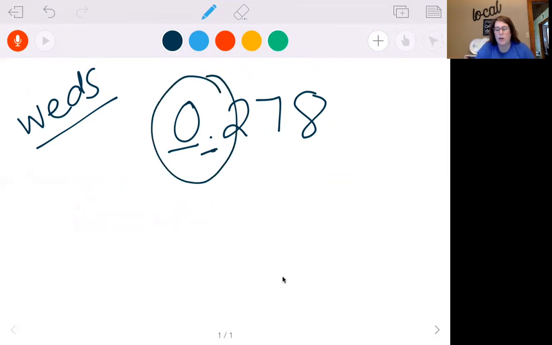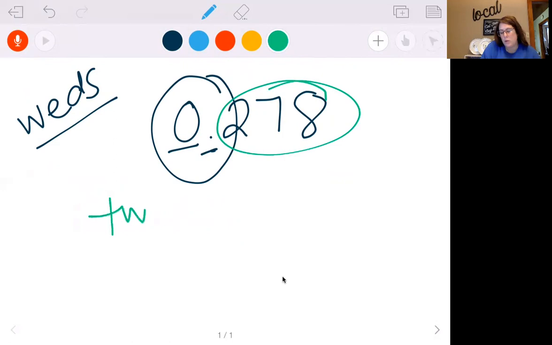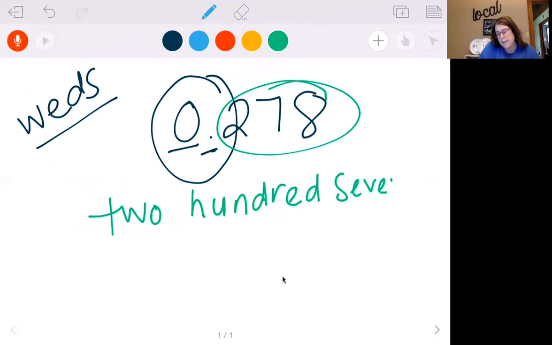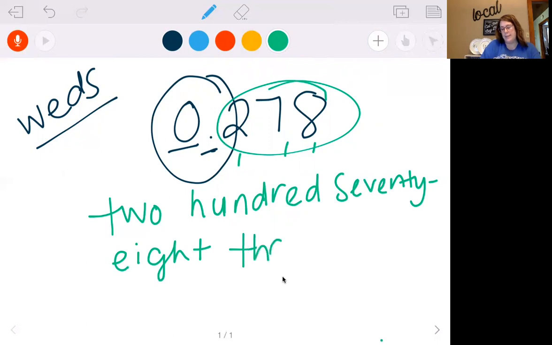So I'm going to start with 278. I'm going to write 278, and it has 3 places, 1, 2, 3, so I know that's thousandths.